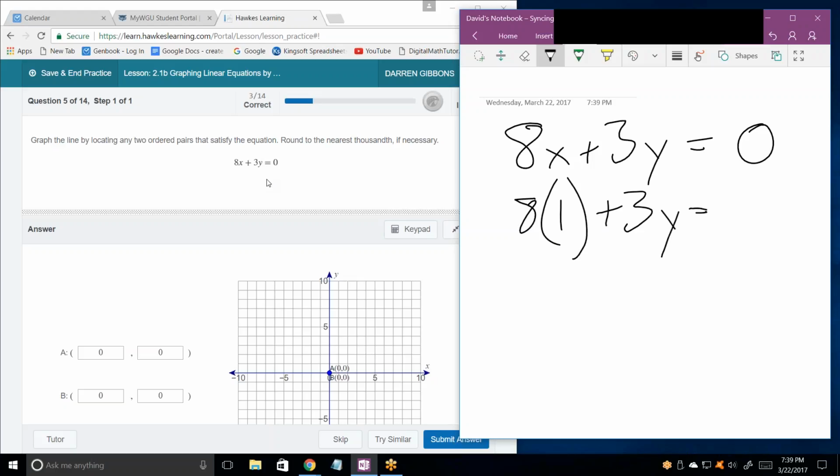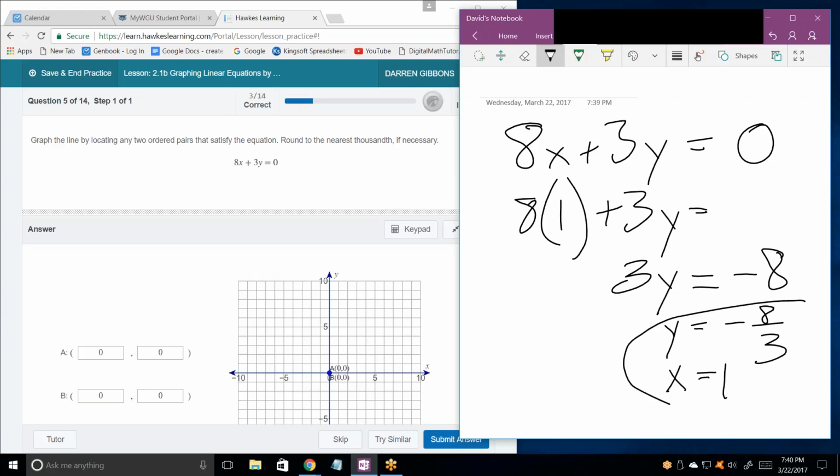And now solve for y. Well, I'd subtract the x, so I get 3y. I would subtract the 8. So I get 3y equals negative 8. You with me? Which makes y equal negative 8/3. So when x equals 1, y equals that.